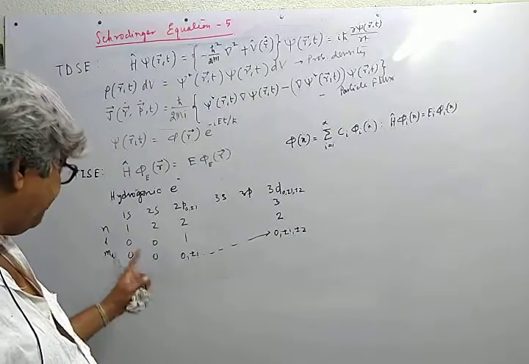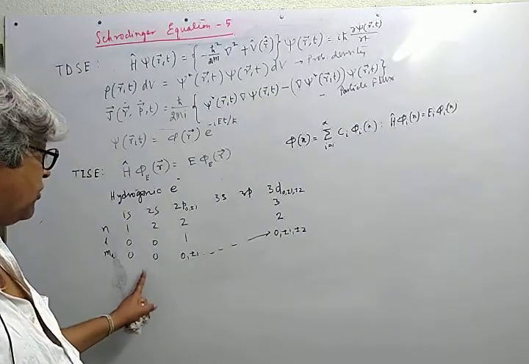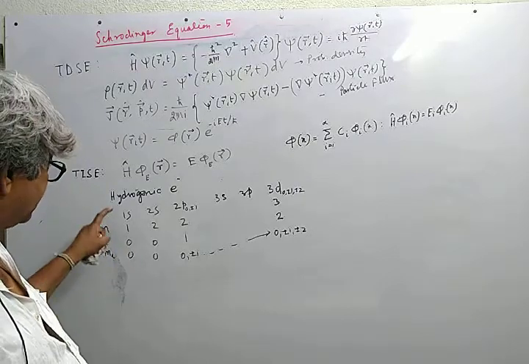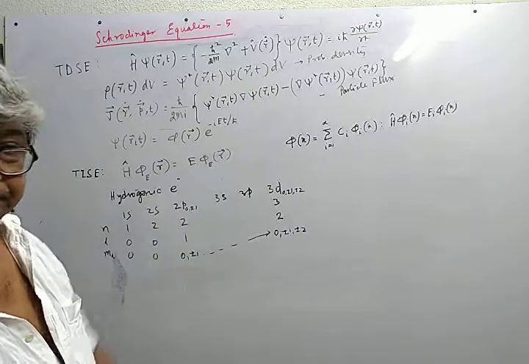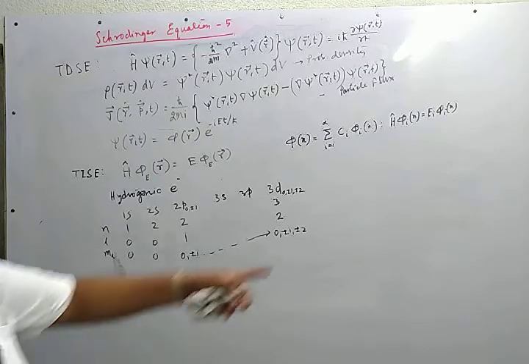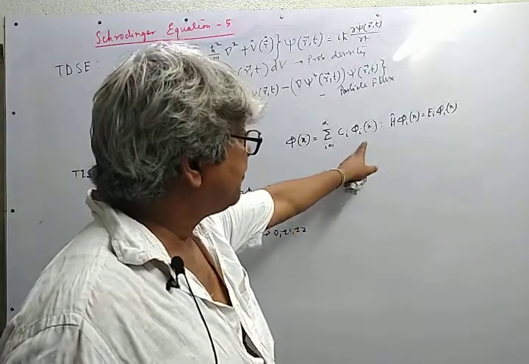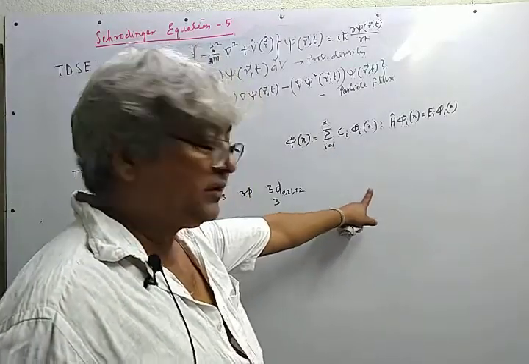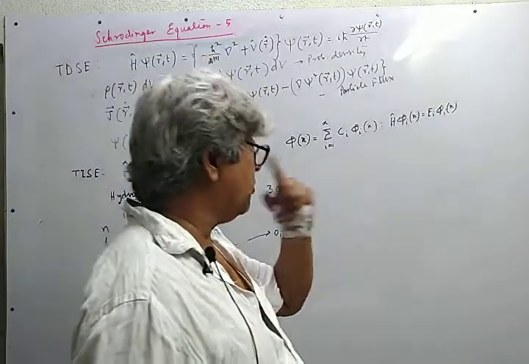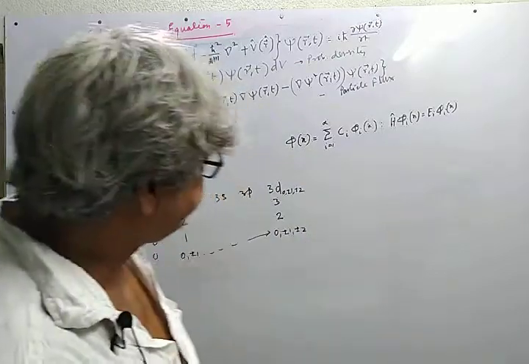So the state which represents the hydrogenic electron will be a combination of all these states. So when the measurement is not done, it is in the superposition of states. Once the measurement is done and it is found that the system is in a state i is equal to 5, then from the superposition state it is being tracked to an i is equal to 5 state. Then it is no more in a superposition state.